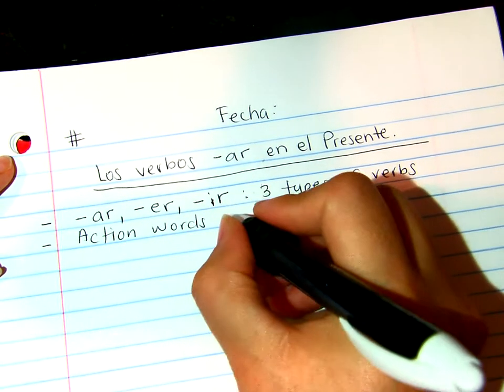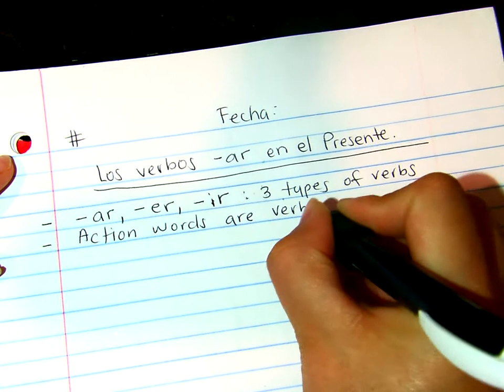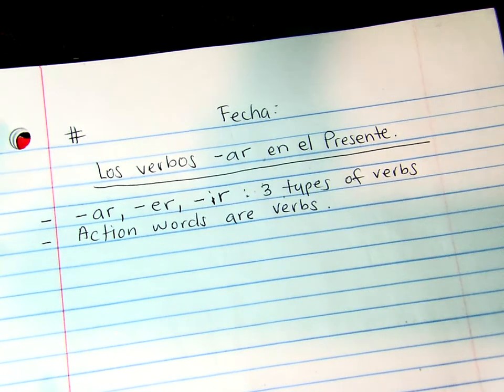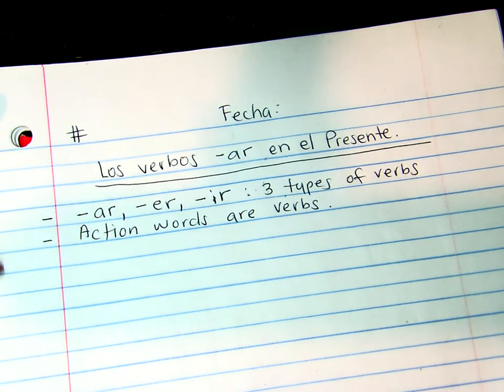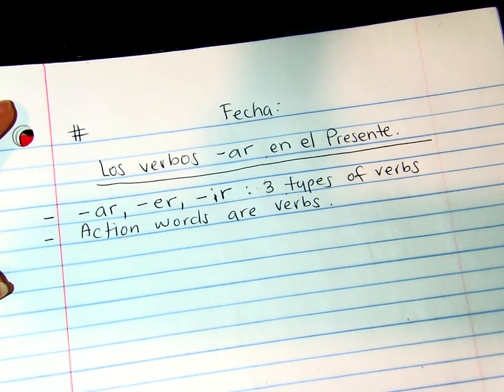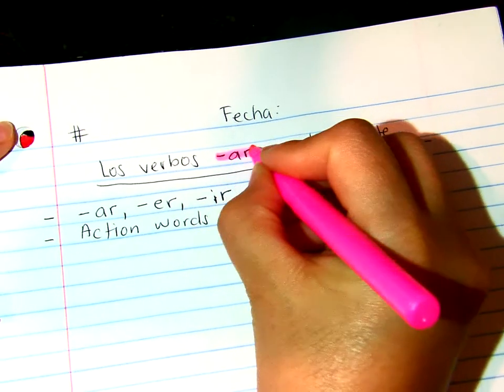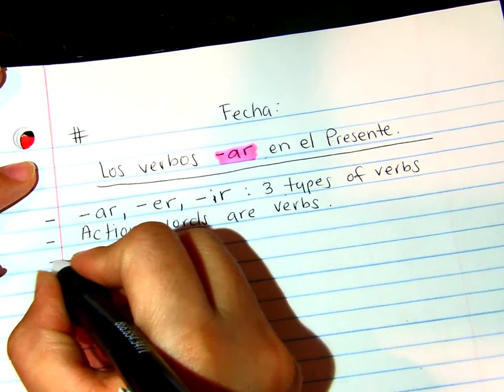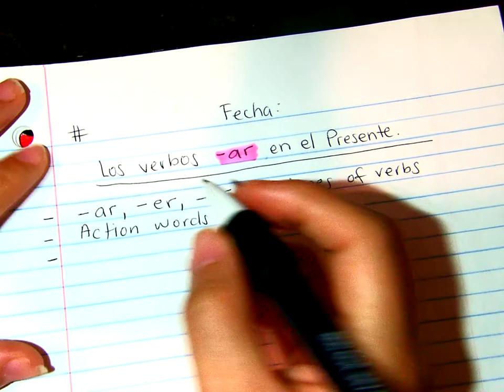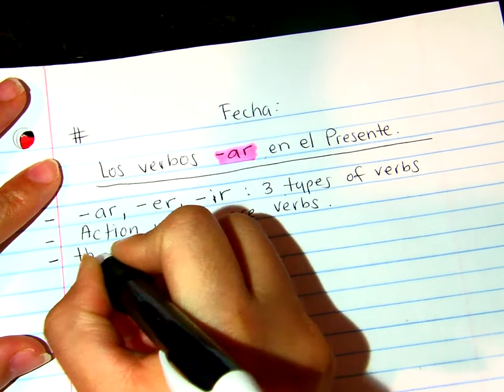It tells you that the action is happening. Action words are verbs, and there are three types in Spanish. But today we're just going to focus on the ones that end in AR. Okay? Only.